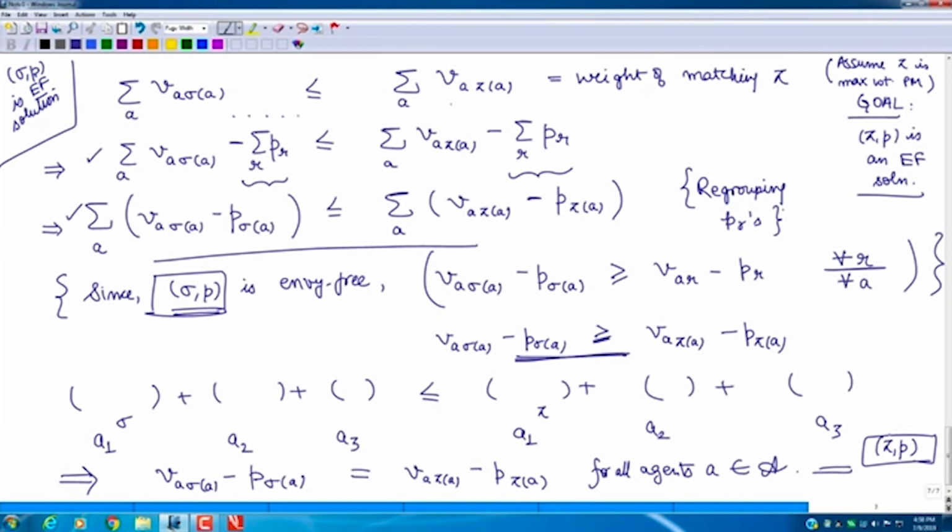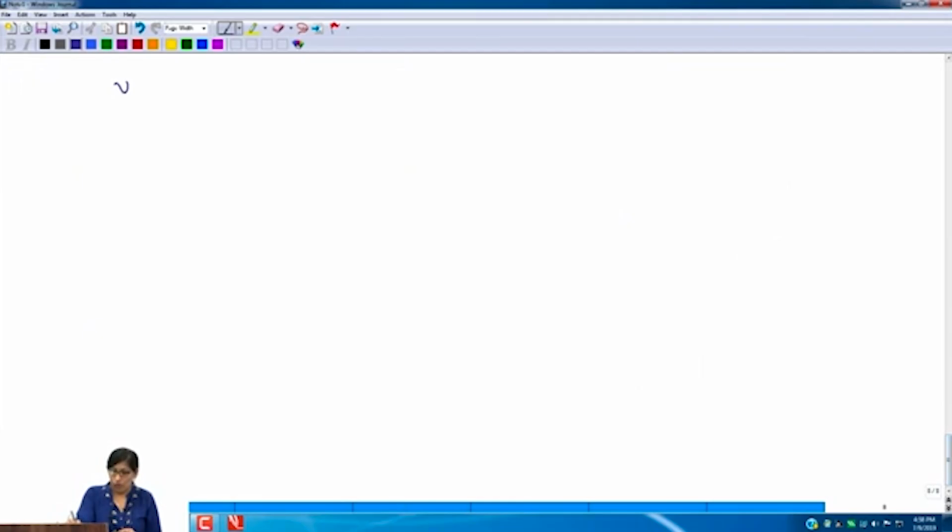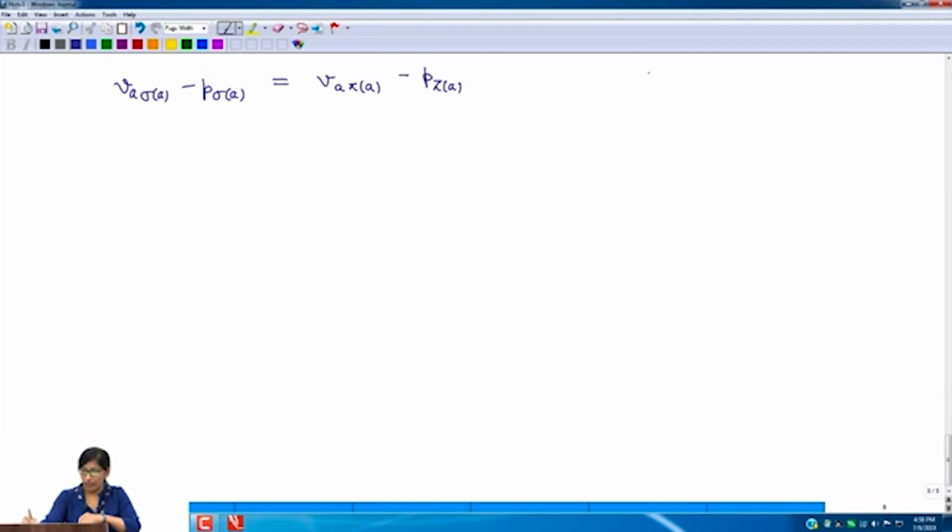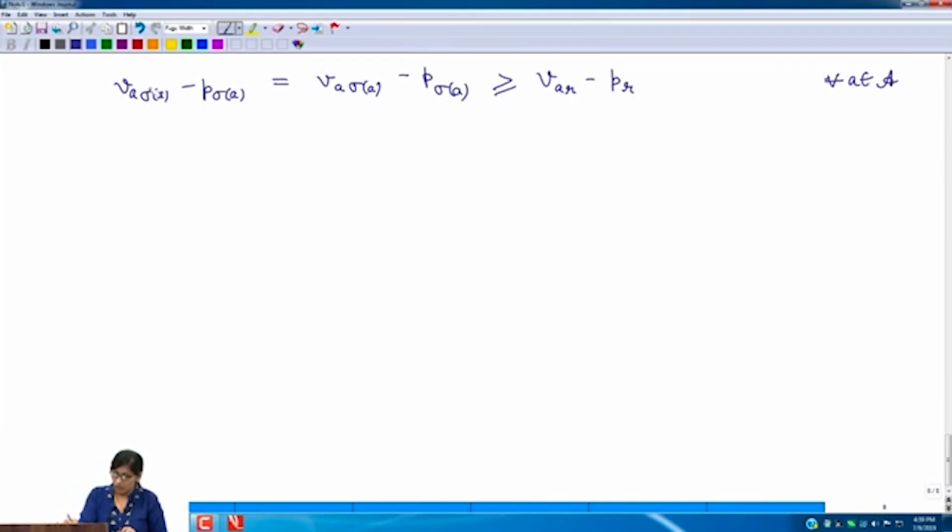Exactly, it also must be envy-free, because just let me write it again. So what I had, this is exactly the utility he is achieving under another matching, which is a maximum weight perfect matching. This is happening for all agents, right? And I know that this particular quantity was at least v_i minus p_i.